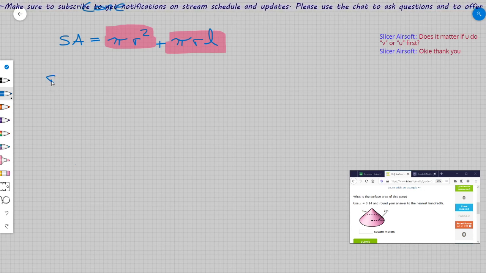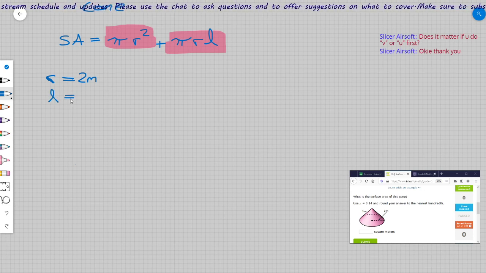So it's really important to get in the habit of labeling variables. So your radius was 2 meters, and our slant length is 3 meters.